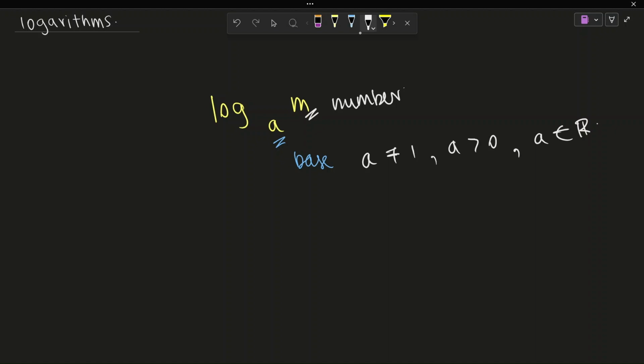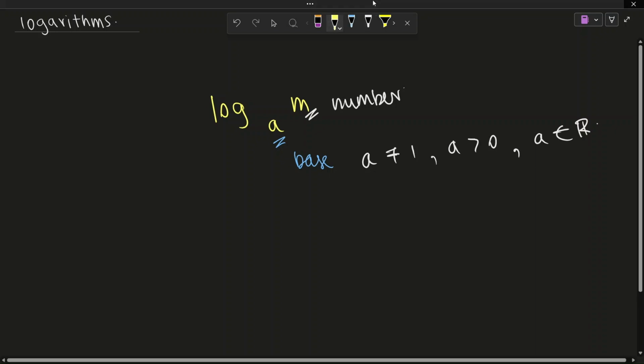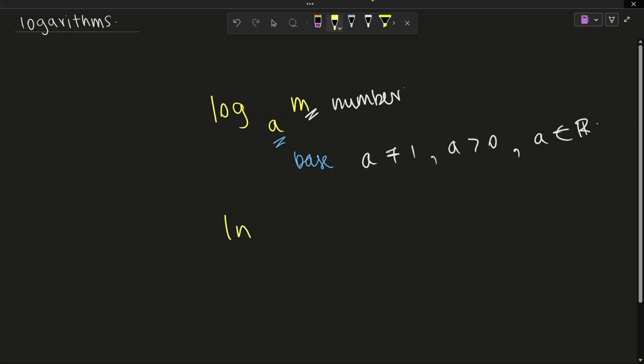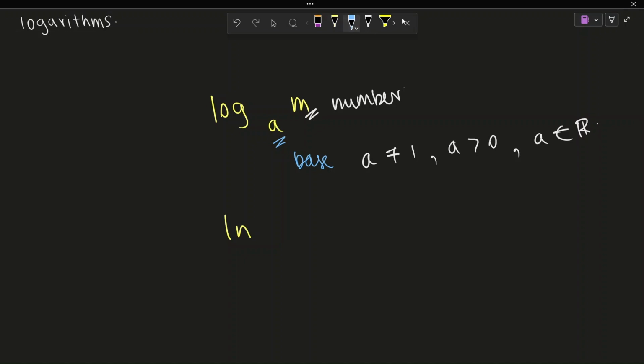Now, keeping this kind of logarithm aside, we're going to move into our second type of logarithm. You're going to see that as ln, standing for natural logarithm. The only difference between natural logs and our normal logarithms is that it has a base e.